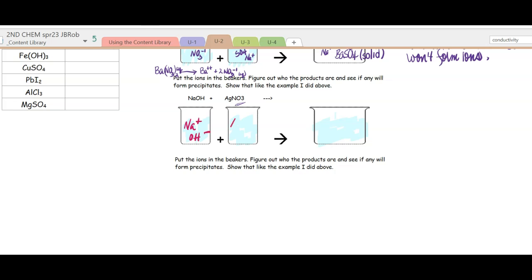Silver nitrate, soluble, Ag plus and NO3 minus. So when we pour these together, all these ions are present. But when silver and hydroxide get together, we have AgOH. And when sodium and nitrate get together, we have NaNO3. That would definitely be soluble, wouldn't it?